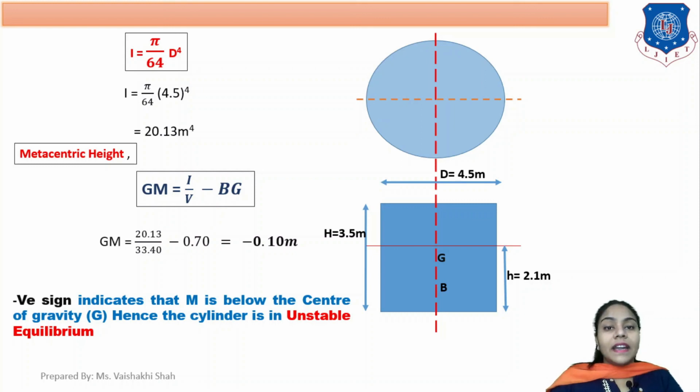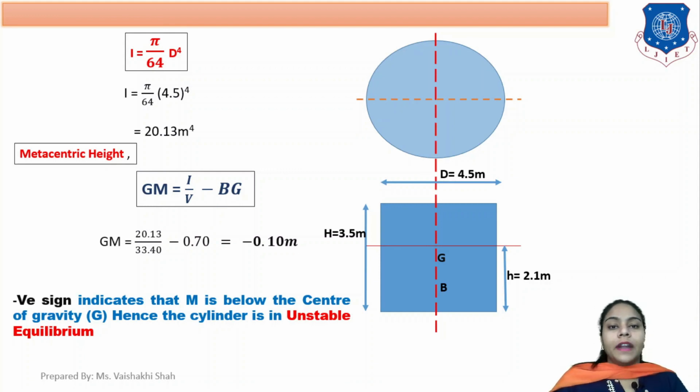So what is the moment of inertia for a circular body? That is pi by 64 d raised to 4. Here you have the diameter also. So pi by 64 into 4.5 raised to 4 is 20.13 meter raised to 4. That is the moment of inertia.